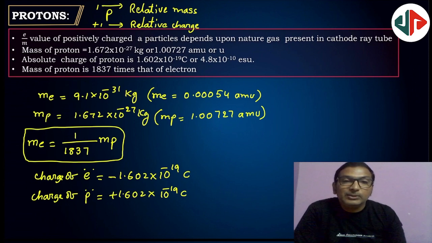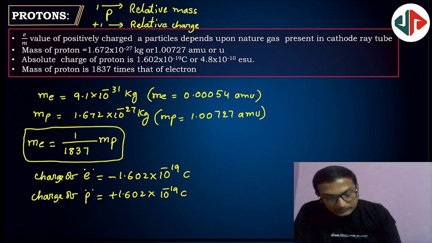Absolute charge of electron is minus 1.602 into 10 power minus 19 coulombs. Absolute charge of proton is plus 1.602 into 10 power minus 19 coulombs. Relative charge of electron is minus 1. Relative charge of proton is plus 1. Magnitude will be the same but sign will be different.